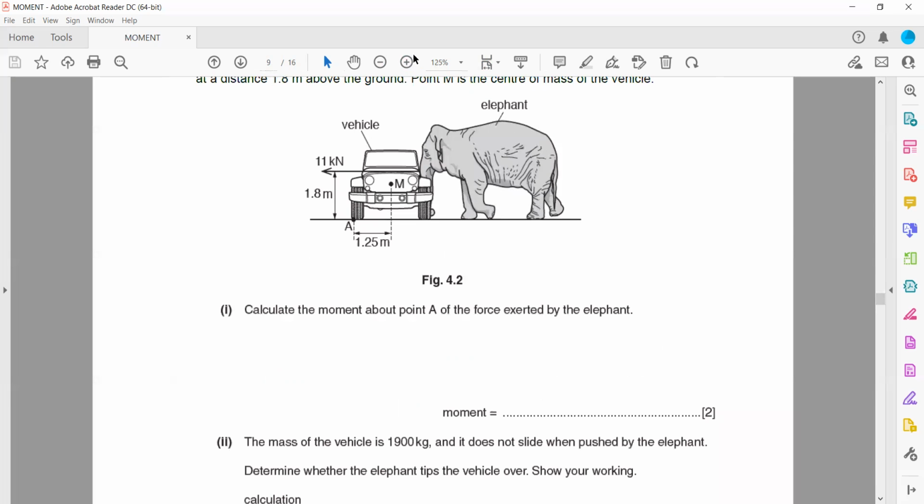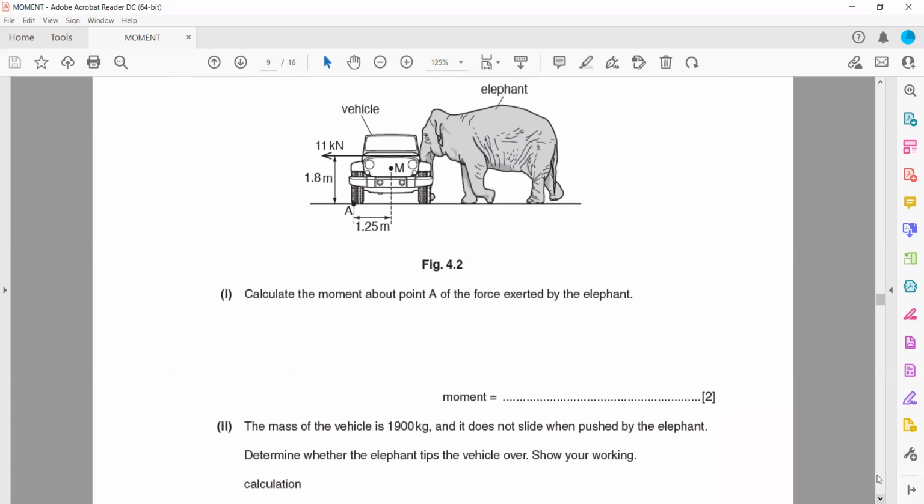If the turning effect due to the elephant is greater than the turning effect due to the weight of the car, this vehicle will topple. But if the turning effect of the weight is more than the turning effect of the elephant, then it will be stable. The elephant is trying to topple the car, causing an anti-clockwise rotation, whereas weight is acting downward, trying to keep it stable, causing a clockwise moment.